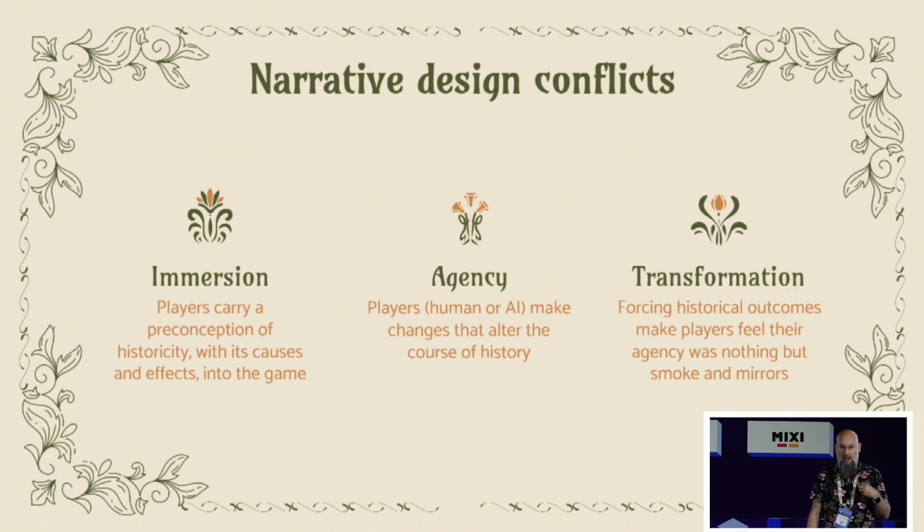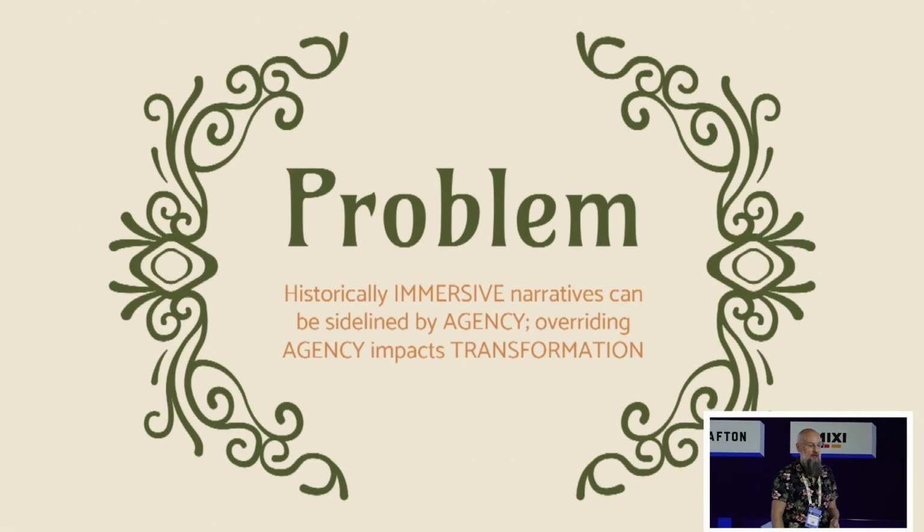So we want the player to feel like they're actually creating a society that they're looking for, that they're working towards something, and that they're making visible progress towards that, but still feel like they're immersed in the era. So this is our defined problem. Historically immersive narratives can be sidelined by agency, but overriding agency impacts transformation.